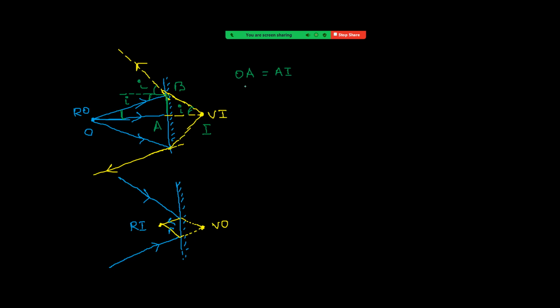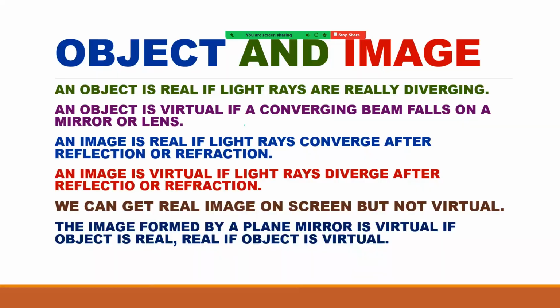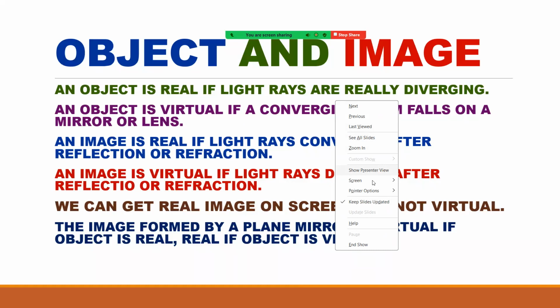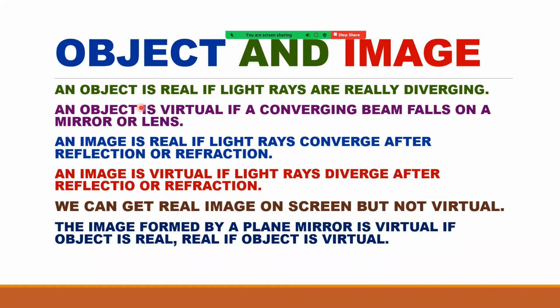Okay. Let us see once problems based on this. First focus the points till now what we have discussed. An object is real if light rays are really diverging. An object is virtual if a converging beam falls on a mirror or lens.